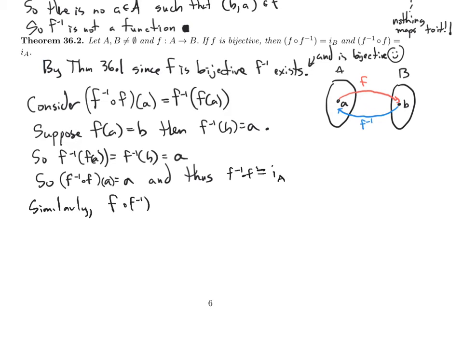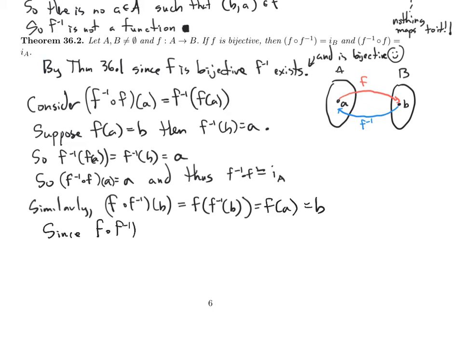And similarly, F of F inverse of B, well, we know F inverse of B is A, so this is F of A, and we know F of A is B. So since F of F inverse of B equals B, this means that F of F inverse is the same as the identity on B. It does nothing.